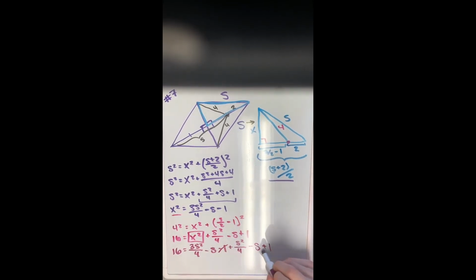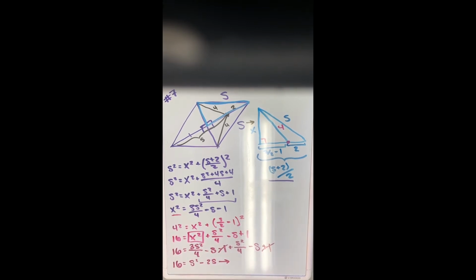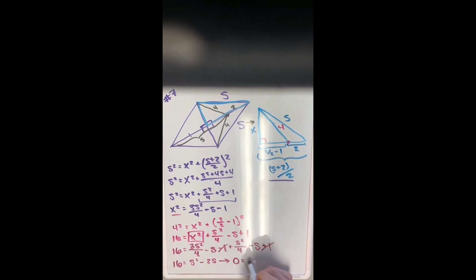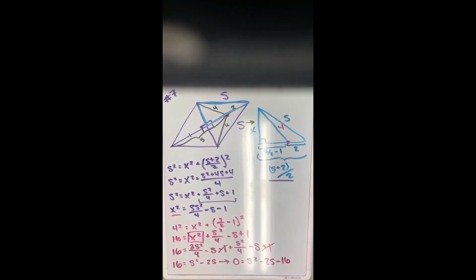And the minus 1 and the plus 1 cancel here. So we get 16 is equal to 3s squared over 4 plus 1s squared over 4 is just going to leave us with s squared, and then minus 2s. So from there we can move it all to one side of the equation, and we get that s squared minus 2s minus 16 is equal to 0.